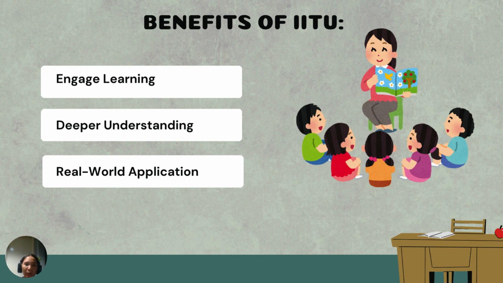Okay? Next, we have deeper understanding. As we all know, by exploring a theme from various angles, from different perspectives, students also develop a richer and more comprehensive understanding of the topic, the concept that they are tackling.